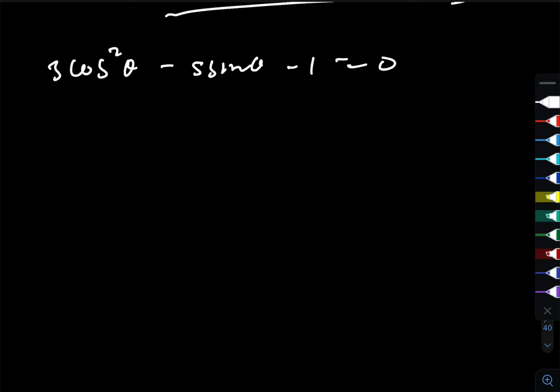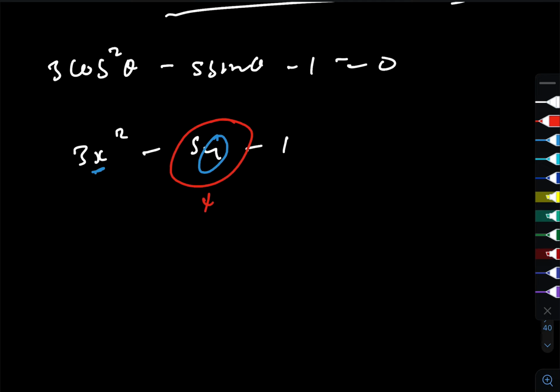But the problem here, if I was using my 3x squared minus 5y minus 1, is that I have a problem with the y and the x because they are not the same. I can't change the y in the middle, I just need to change the x. So the cosine squared theta, I need to change it. But this one I won't be able to change. It's a middle term and it's linear. There's nothing I can do.